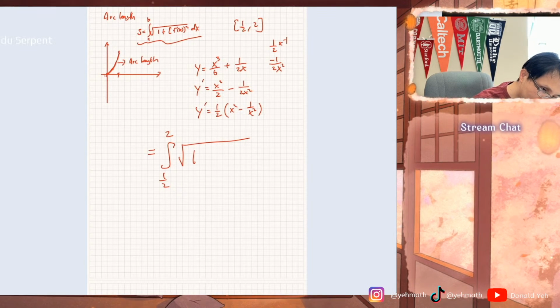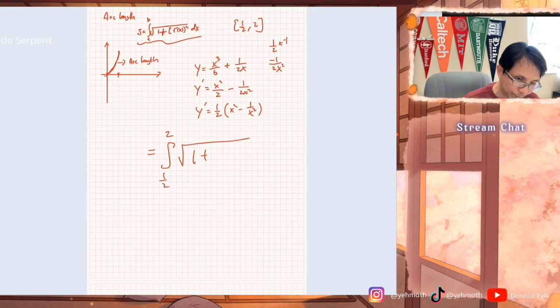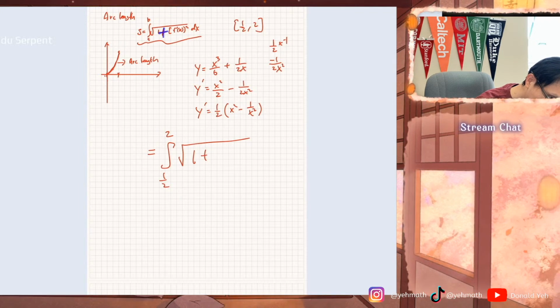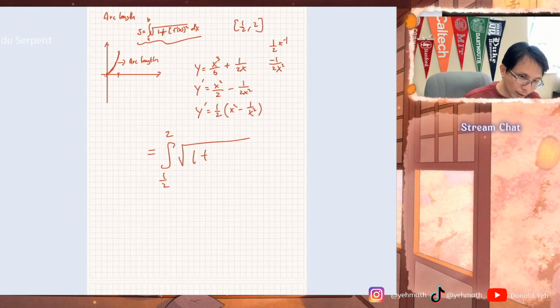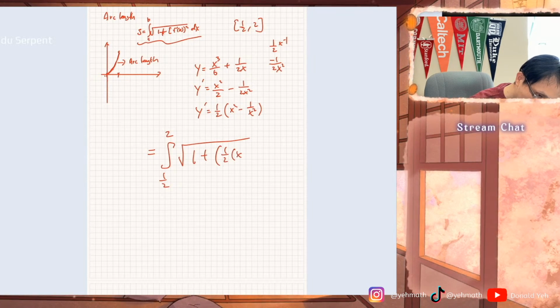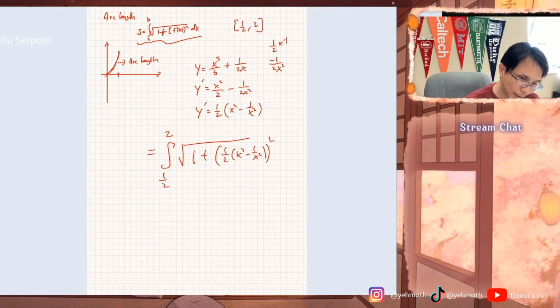My bad. I wrote it down wrong. This one's plus, make sure. So 1 plus 1/2 times x squared minus 1 over x squared, squared, dx.